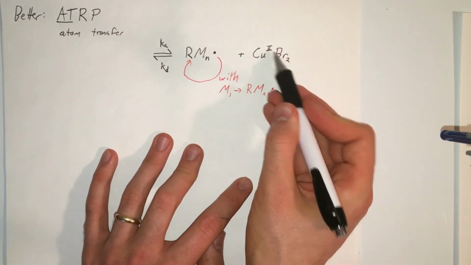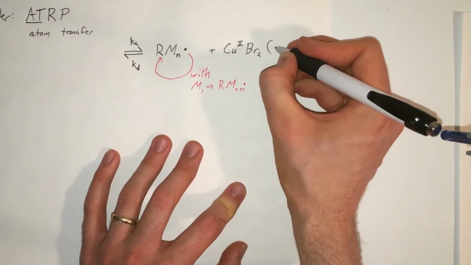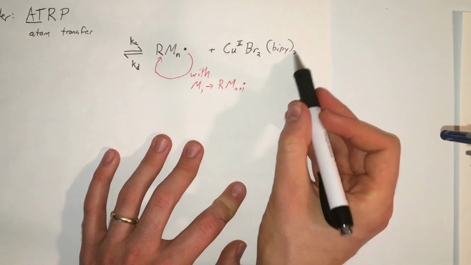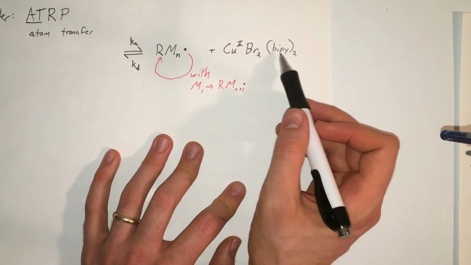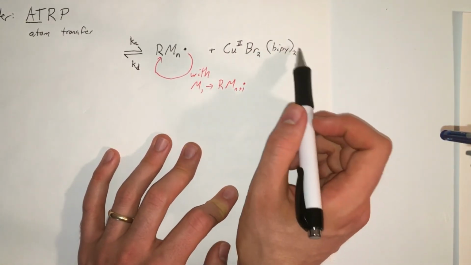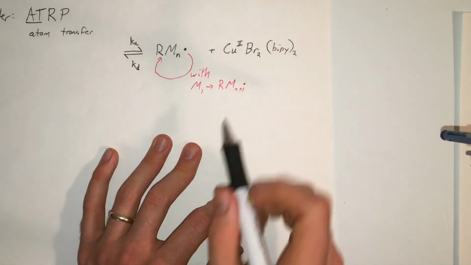So it's copper 2 bromide, but then there's also this other complex attached to it, BIPI. I won't get into the details of what this is, but it's some organic molecule with some nitrogens in there and stuff like that. Anyway, this BIPI just sort of helps facilitate this forward and reverse reaction.